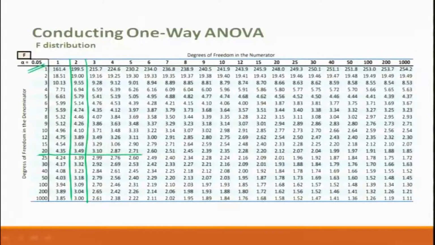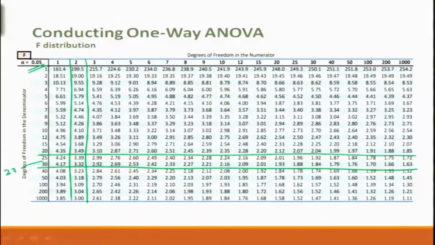We select these columns for 25 and 30 and we can interpolate the value for 27 here. So, this value is 3.39 and 3.32. The in-between value, the tabulated F value, is 3.35.